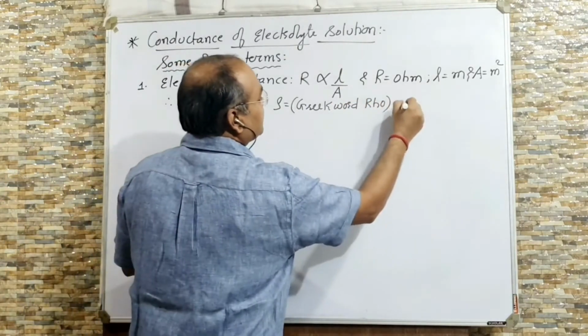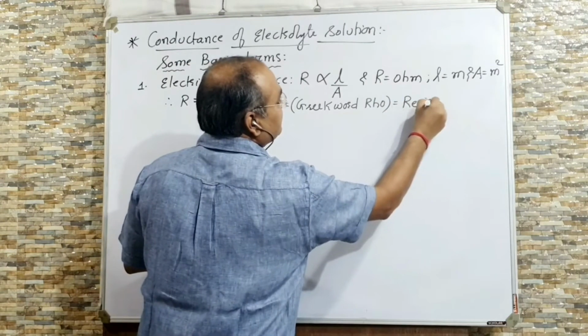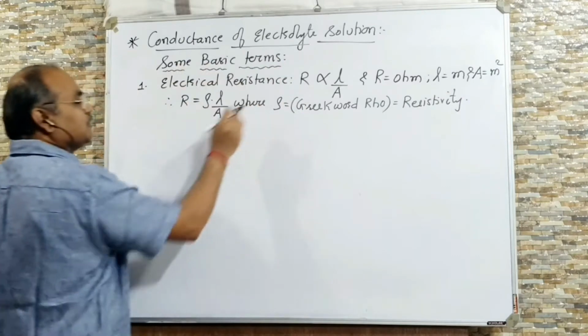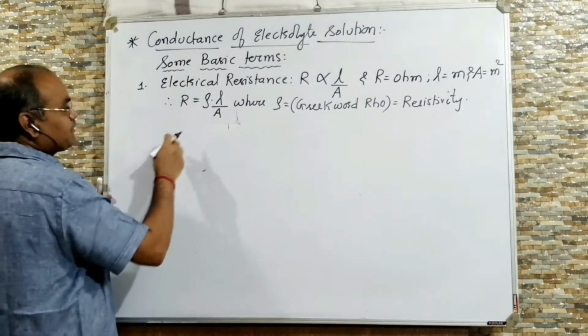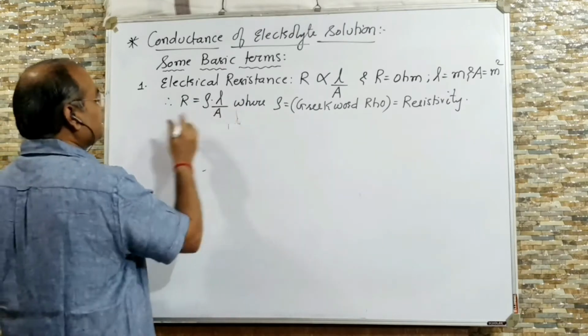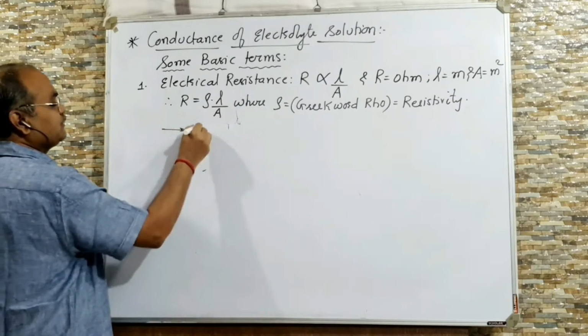Which is also called resistivity. Now what will be the rho?